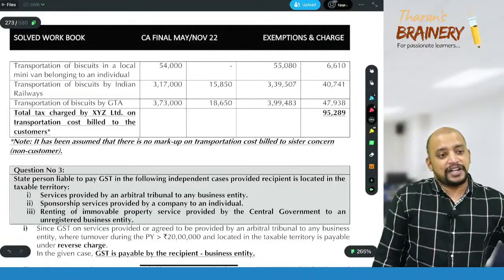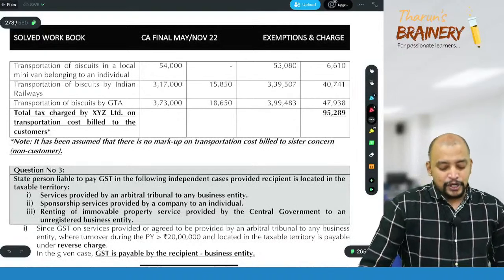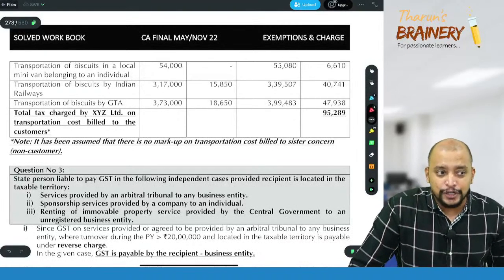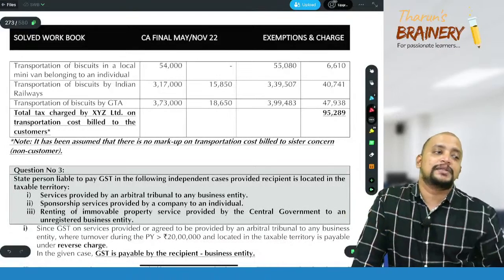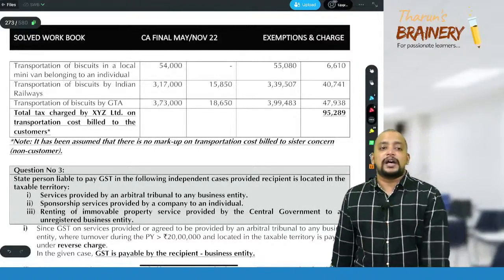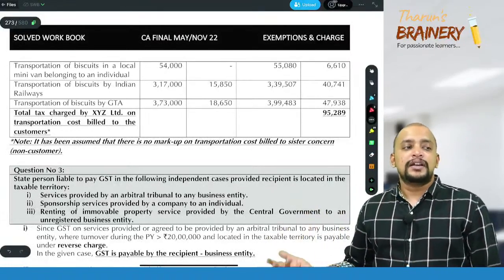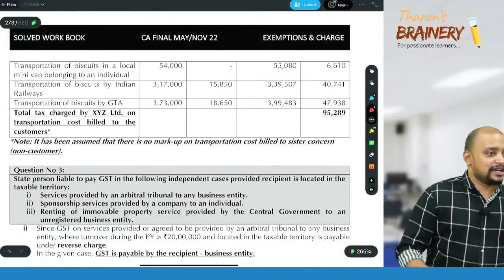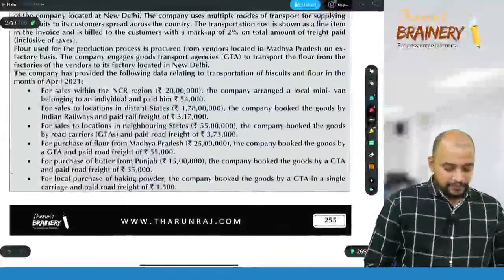First 3,17,000 we pay freight and that will be taxable. So because of which 15,850 we need to pay. Now these two will be the cost that will be recovered from the customer. When we recover, we add a markup. So on that we need to pay GST because it will now become coming under the value of sale of biscuits.